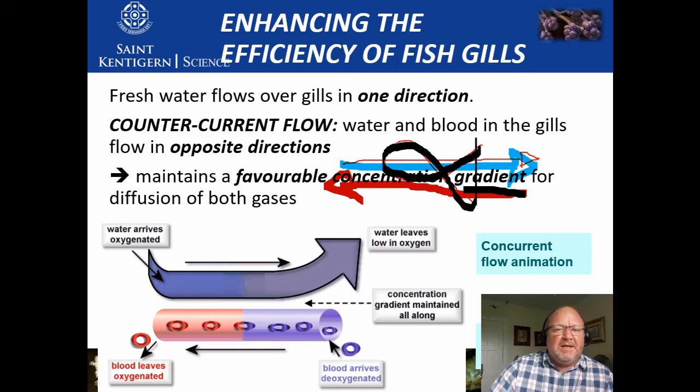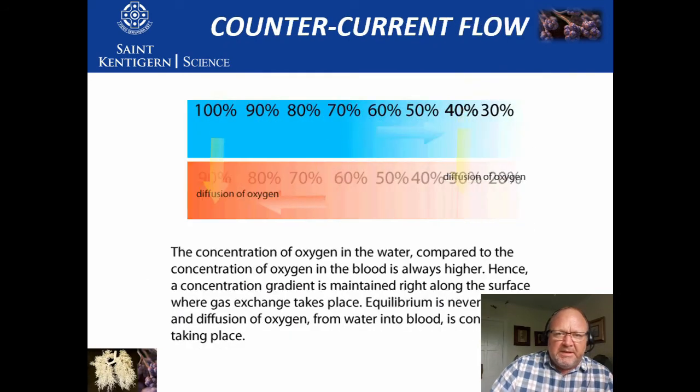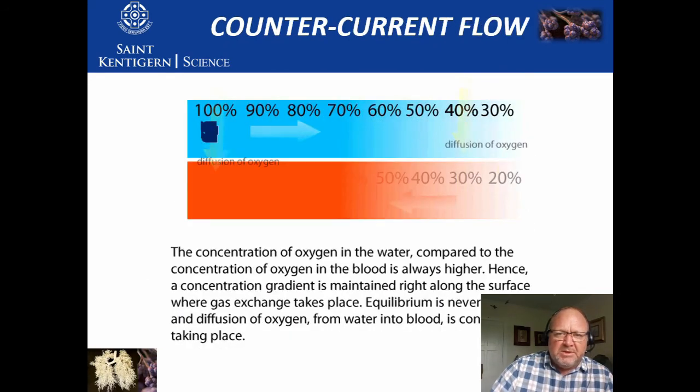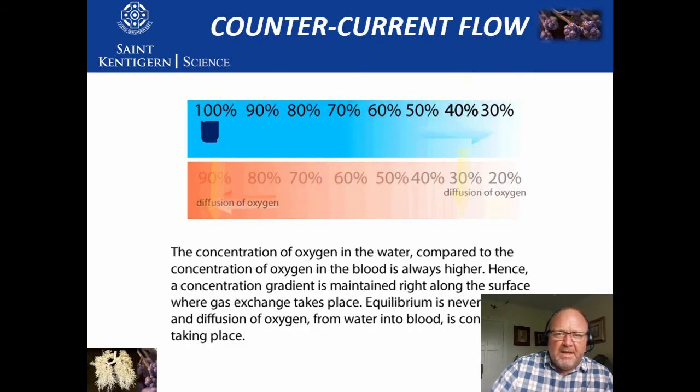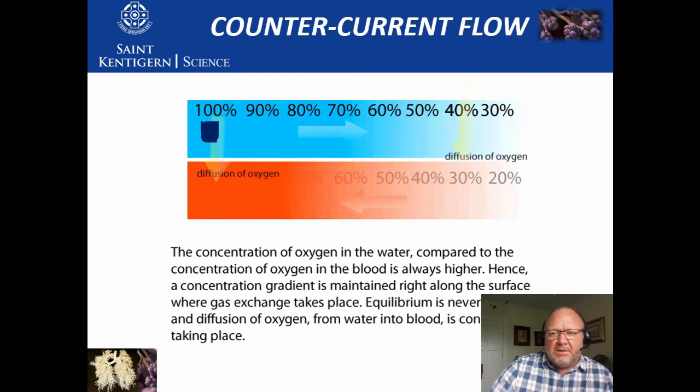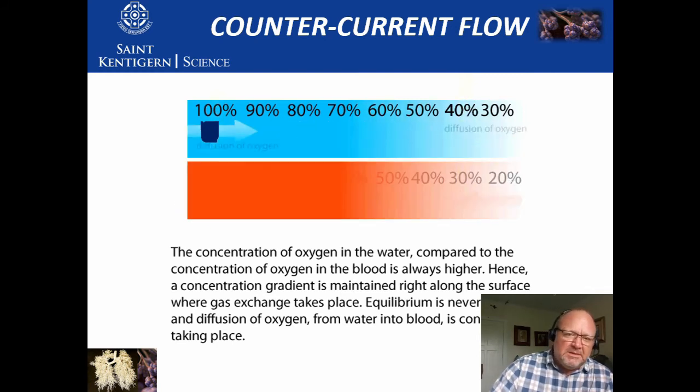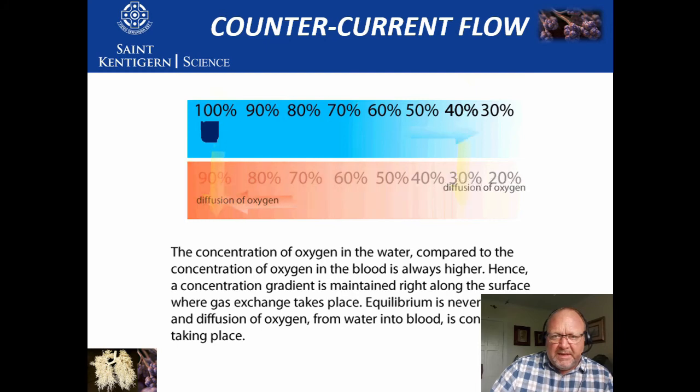When the water initially comes in through the mouth, it's the freshest it can possibly be. But the blood it's meeting has been in the gills for quite a while, in contact with water going in the opposite direction.